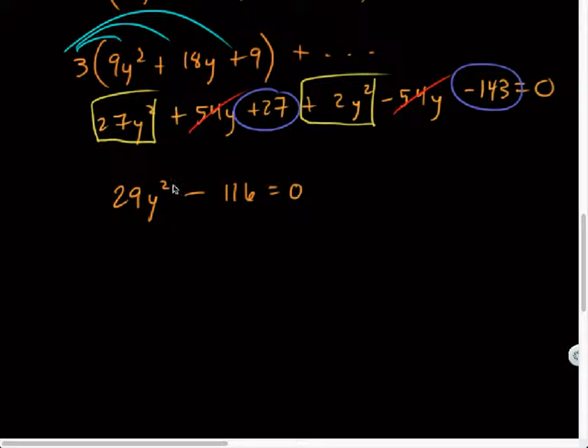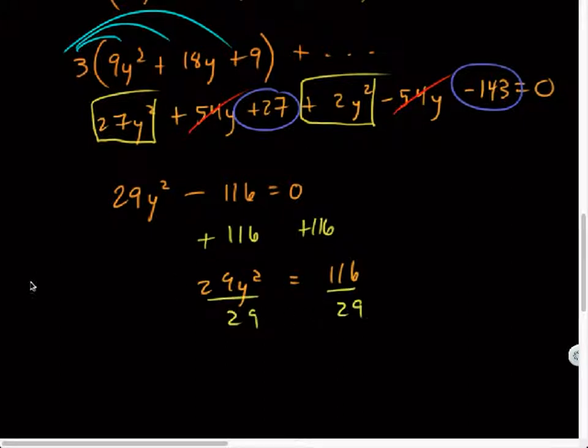So to solve this, I actually don't have to factor it now. I could, but because there's no middle term, the y's canceled out, I can actually just solve this by bringing this to the other side, isolating the y squared, and then rooting is what I'll do. It sounds like a fair approach to this. 29y squared equals 116. Divide both sides by 29.